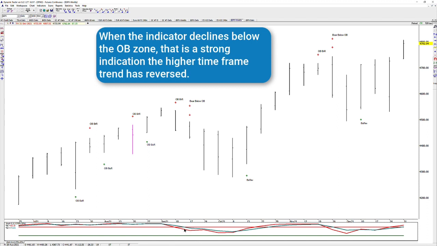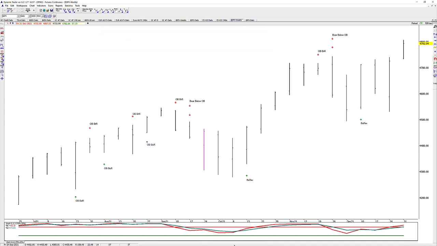So that is an indication that the weekly trend has reversed, and the trend is likely to be sideways to down for 2, 3, 4 weeks anyway. It depends again on the pattern position. So here's another example on the stochastic.